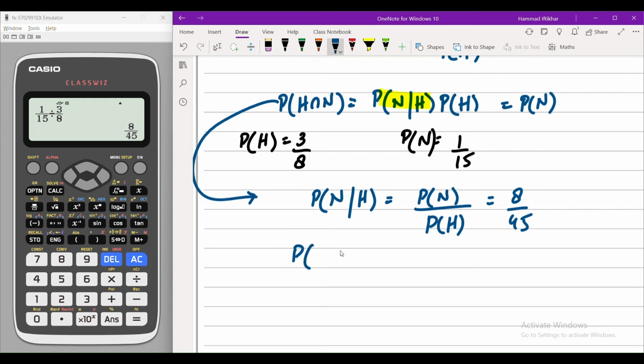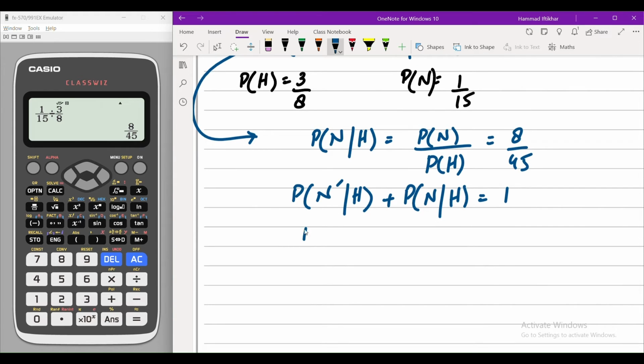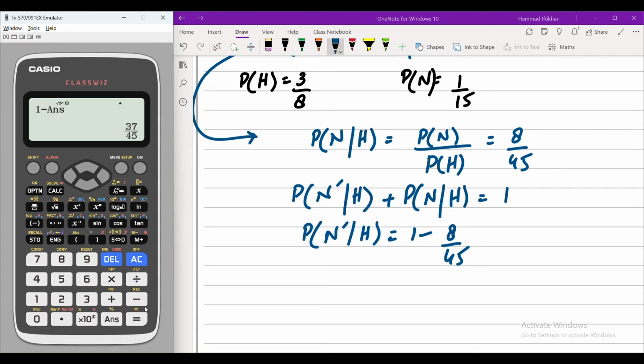We know that N complement given H and N given H are mutually exclusive events and the sum equals 1. So probability of N complement given H is 1 minus 8 over 45, that is 37 over 45.